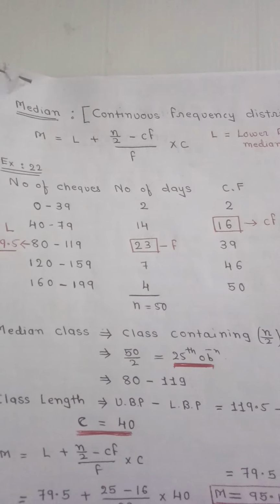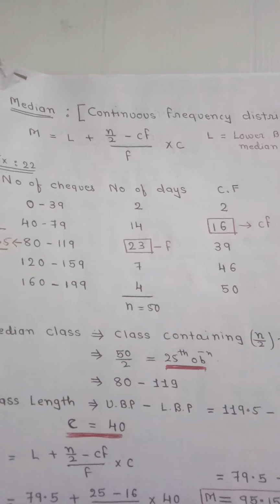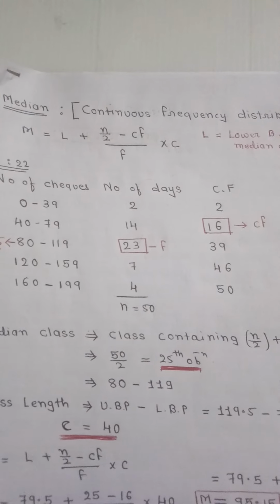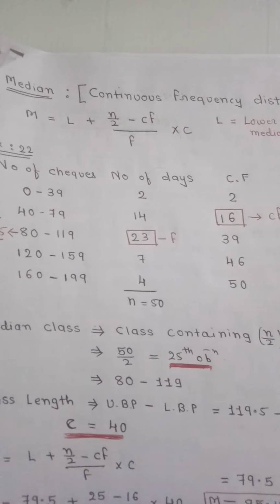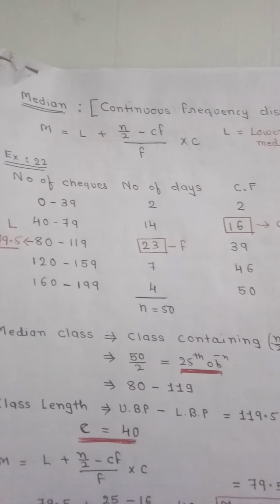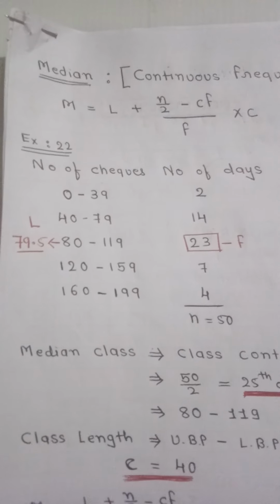Now after 16, that is 17 to 39, all observations lie in the group 80 to 119. That means our 25th observation is in 80 to 119. So this is our median class.